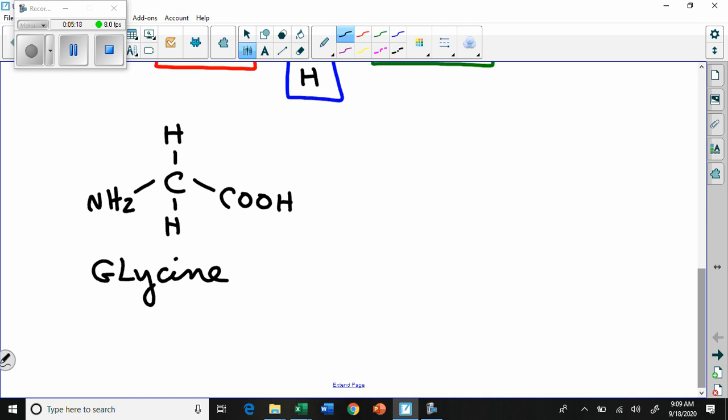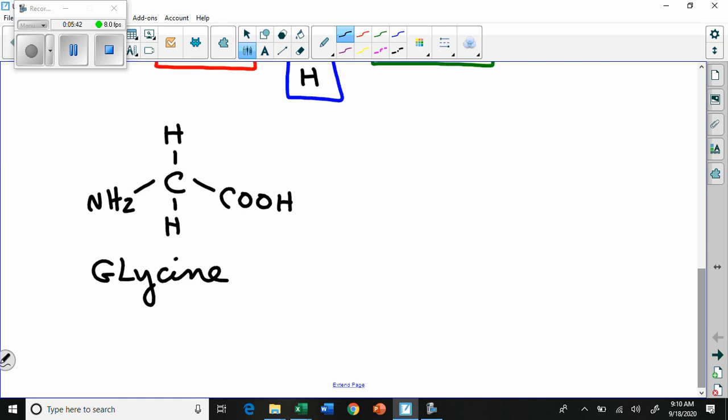Most of them end with -ine, lysine, leucine, so on, but there's a couple that don't. Remember, there's always exceptions to the naming systems. Unfortunately, as things get discovered, we sometimes realize much later that there's a whole family of molecules. And so some of the names don't fit that picture.